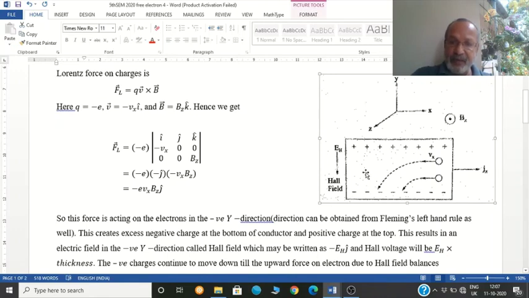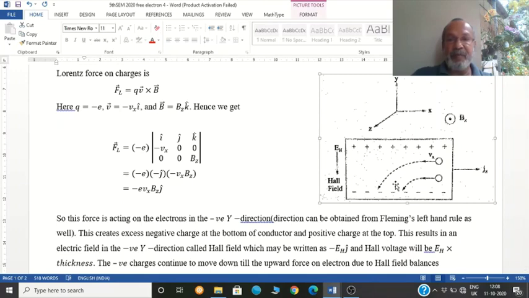So electron will experience a force in the upward direction due to this Hall field, because charge of the electron is minus e. So minus e into EH will be the force that will be in the upward direction. An equilibrium will be reached when force in the upward direction is equal to force in the downward direction. So electrons will be flowing without any alteration.